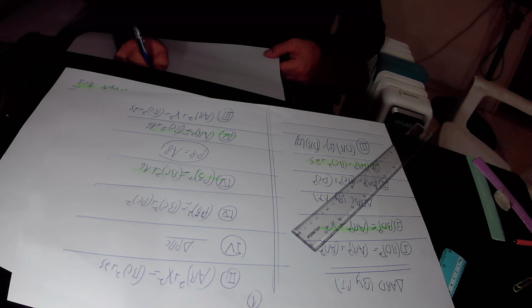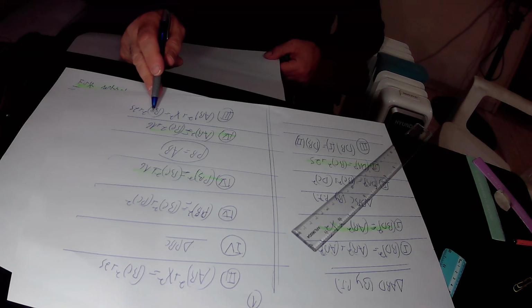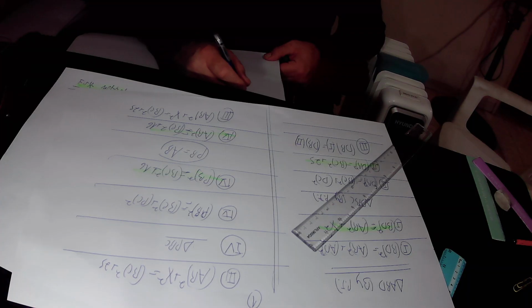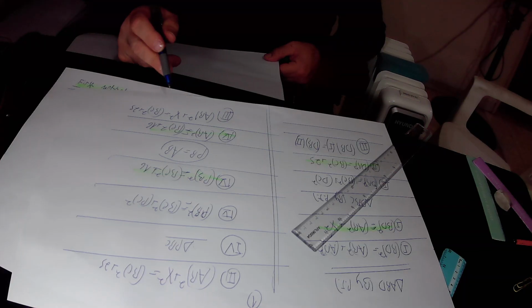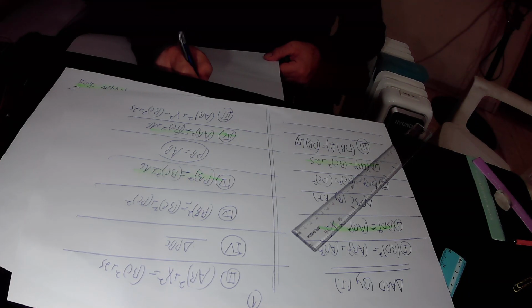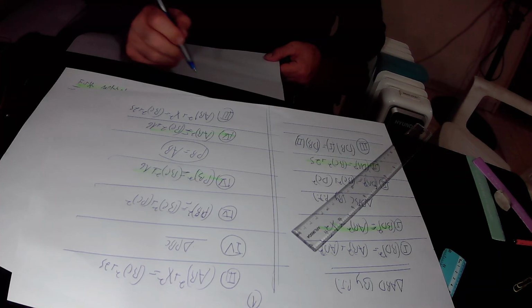So AB squared is BC squared plus 16, and we have here plus X squared equals BC squared plus 25.